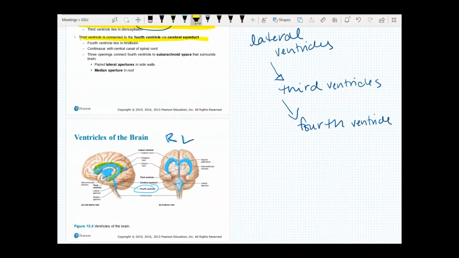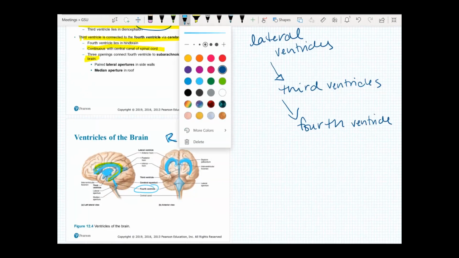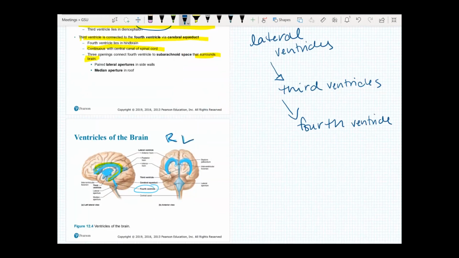After the fourth ventricle, it will be continuous with the central column of the spinal cord. And then it will also go and surround the brain. So after it goes from the lateral ventricles, third ventricle, fourth ventricle, it will then go two places, and this will be down and around the spinal cord.